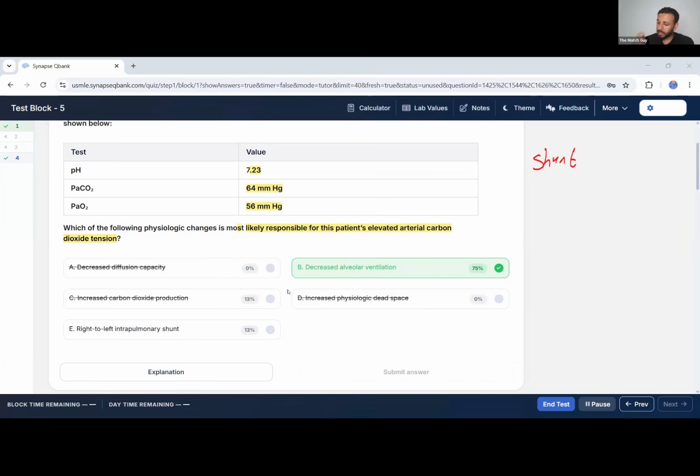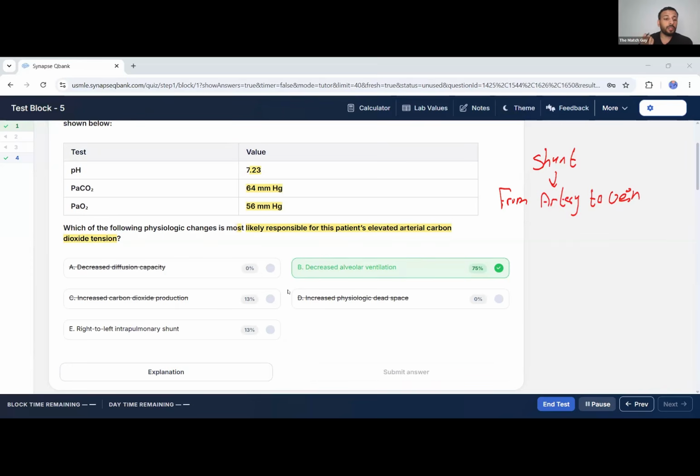So when there is a shunt, usually it is a bypass from artery to vein, or artery to artery, or whatever. Shunting from one blood vessel to another blood vessel.